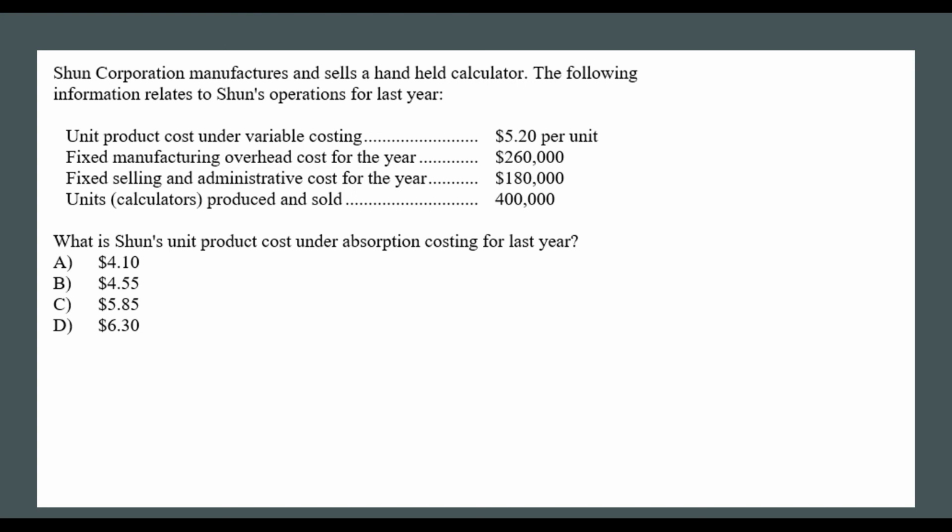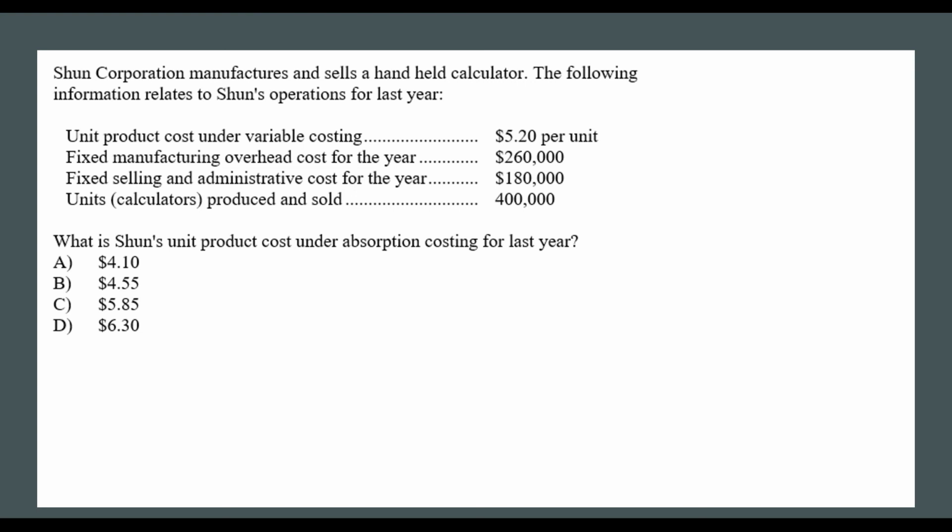For our first multiple choice problem, Shun Corporation manufactures and sells a handheld calculator. The following information relates to Shun's operation for last year. We have your unit product cost under variable costing amounting to $5.20 per unit.